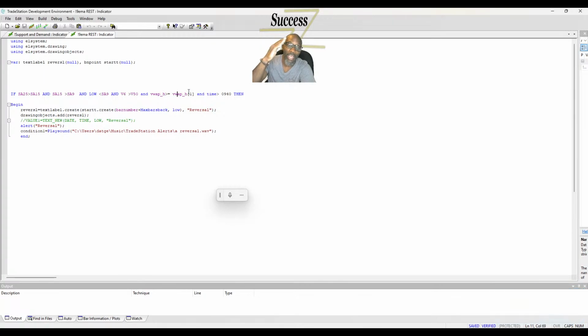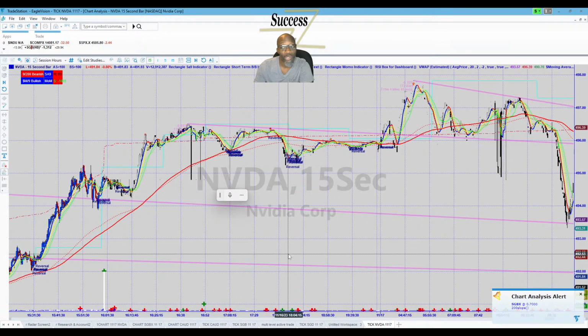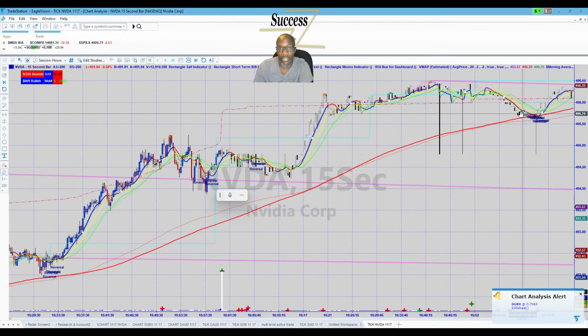The moving average doesn't necessarily have to be going up, but the overall volume, the overall momentum, the overall movement has to be moving up. So that's my reversal script in a nutshell.